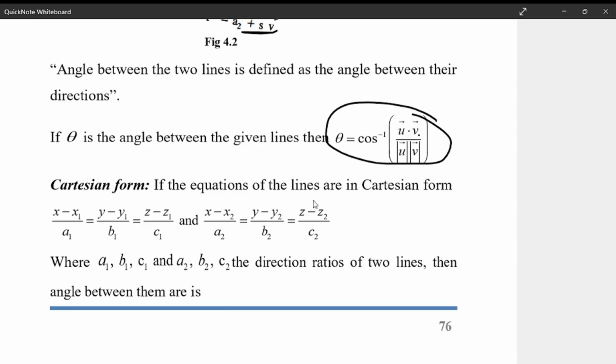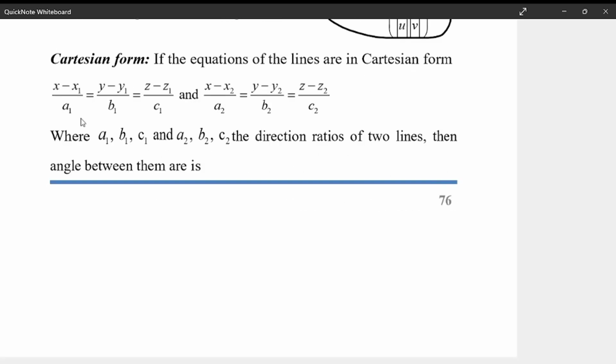Now, if the equations of the lines are in Cartesian form, as we saw in our earlier discussions, then we have x minus x1 on A1, y minus y1 on B1, z minus z1 on C1, and x minus x2 on A2, y minus y2 on B2, z minus z2 on C2, where A1, B1, C1 and A2, B2, C2 are the direction ratios of the two lines.